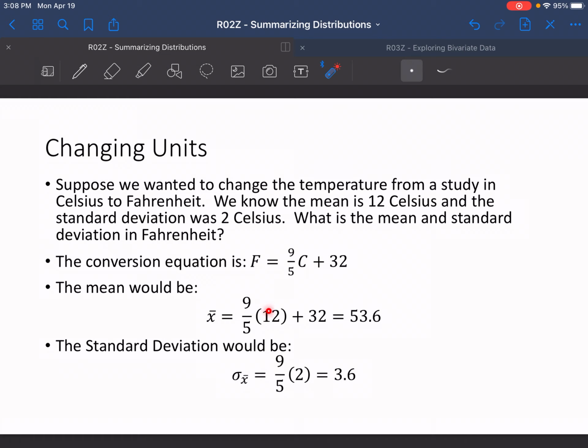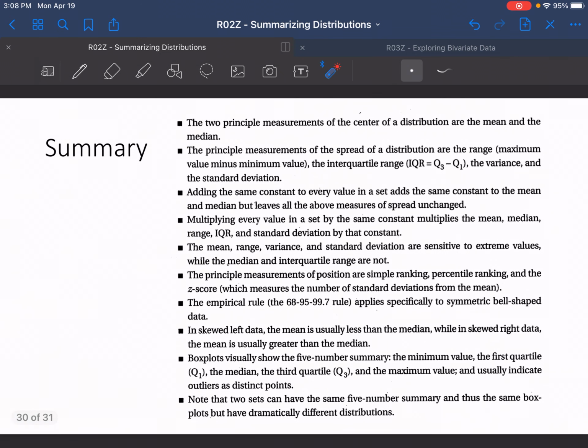So 9 divided by 5 times 12 plus 32 gives us a new Fahrenheit value of 53.6. However, our standard deviation is not affected by addition or subtraction, so all we are doing is the multiplication part. That would just be 9 divided by 5 times 2, which gives us a new standard deviation value of 3.6 degrees.